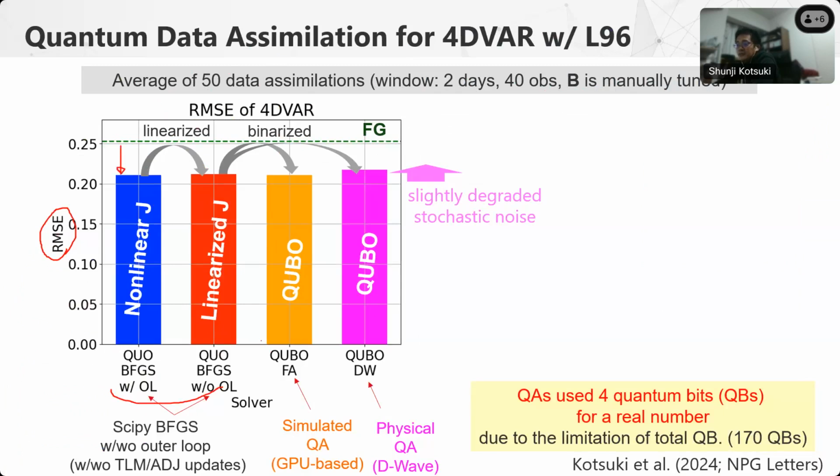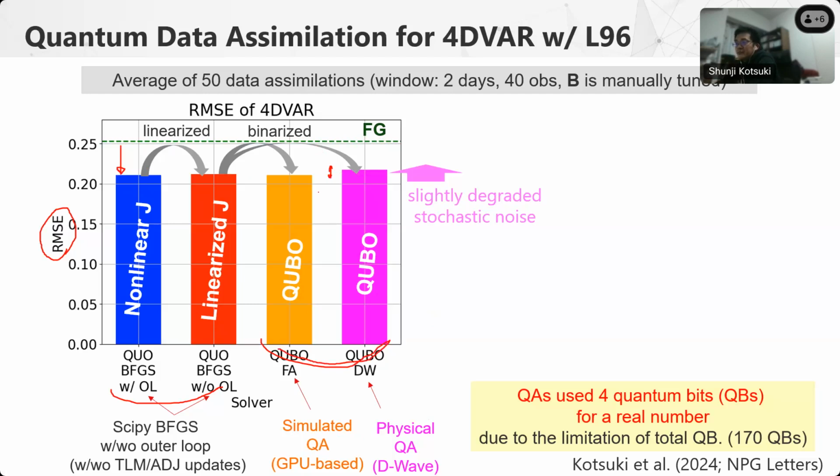The next two experiments are 4D-Var solved by the simulated quantum annealer or the physical quantum annealer, and they also reduce the root mean square error with respect to the first case. But we can see a slight degradation with the physical quantum annealer. This is due to the stochastic noise, and I will explain it later.